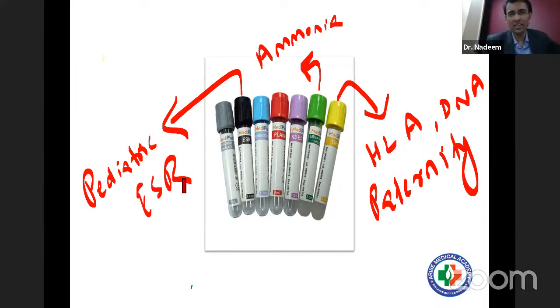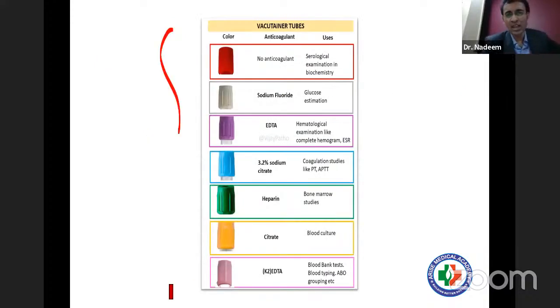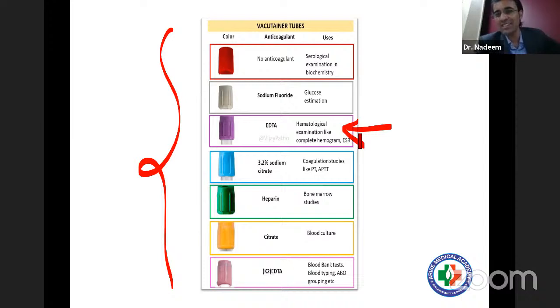I would ask all of you to remember all these points. So many times they are asking about EDTA. EDTA is added in the purple one. Sodium fluoride and potassium oxalate, as we have just learned, are in gray.